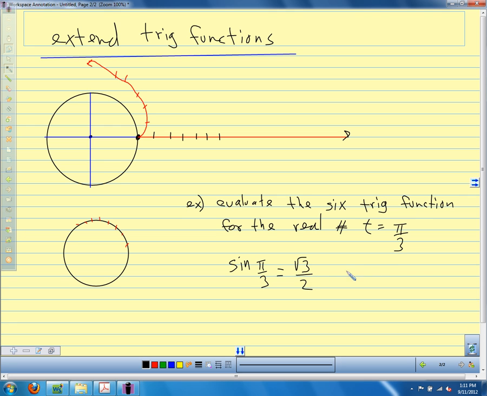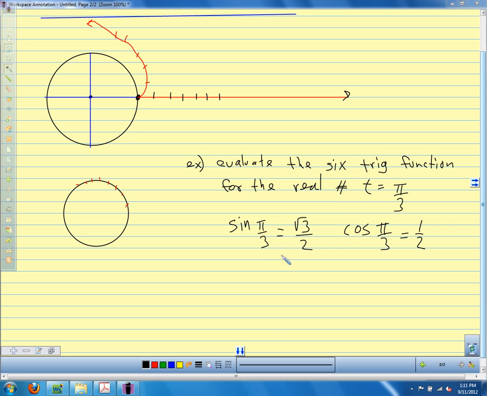The cosine of pi over 3 is what? From your unit circle, 1/2. We're just looking at the x-coordinate. So the point pi over 3 on our real number line corresponds to square root of 3 over 2 and 1/2 on our unit circle. Our (x, y) on our unit circle is (1/2, square root of 3 over 2).